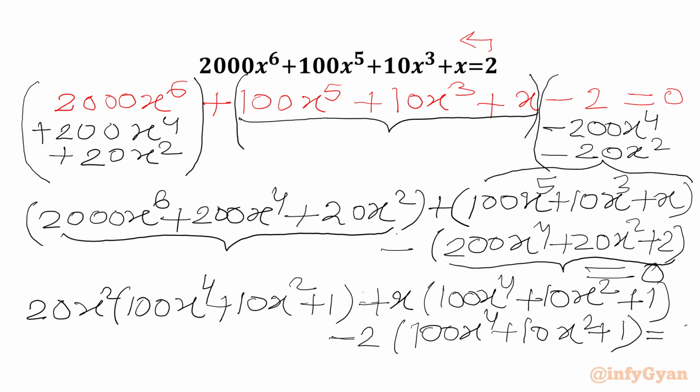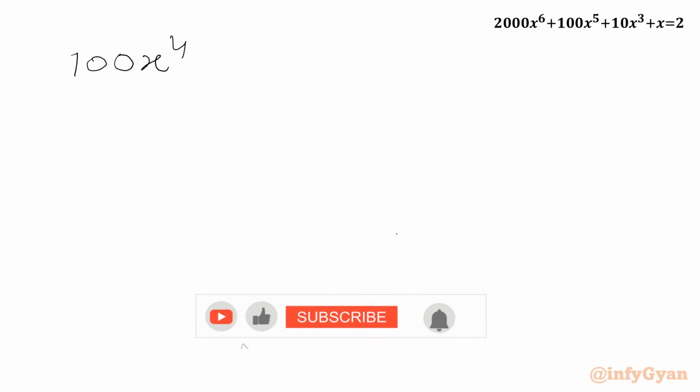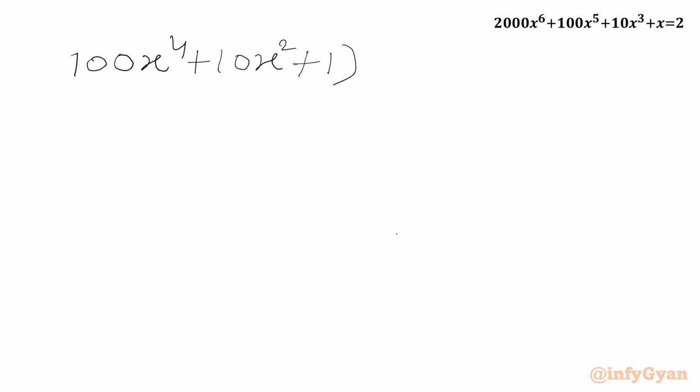And RHS is 0. Now we have 100x power 4 plus 10x square plus 1 overall common. So we will write 100x power 4 plus 10x square plus 1 is common. In other bracket we will be writing 20x square plus x minus 2 equal to 0.